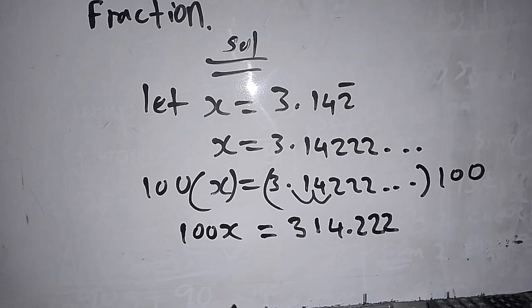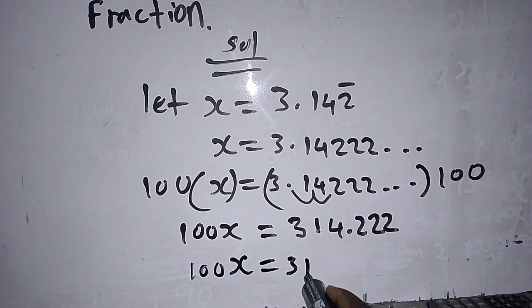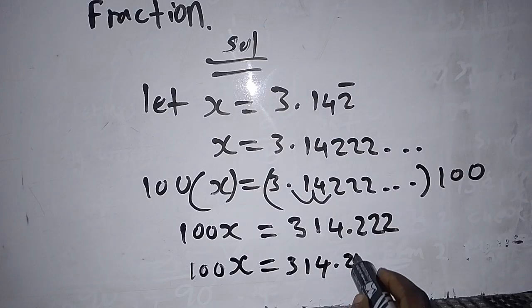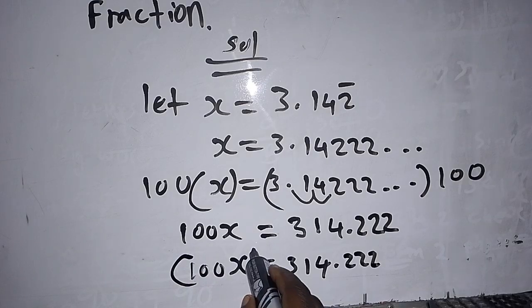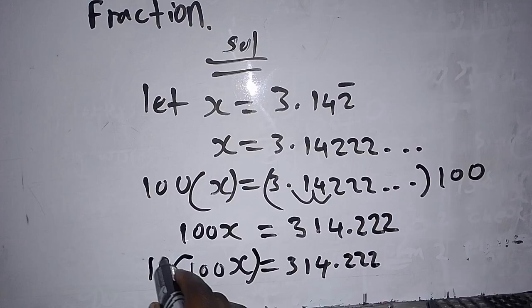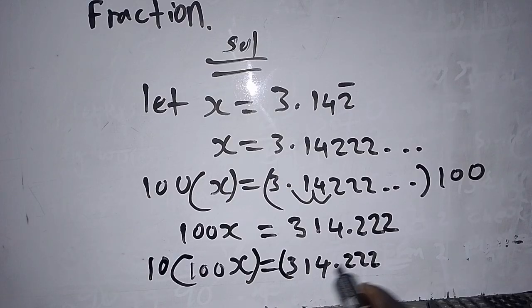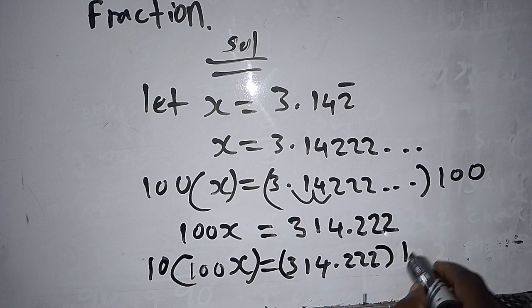Now I'm going to repeat the same equation. I have 100x equals 314.222. This side we multiply with a 10, and we do the same to both sides of the equation.